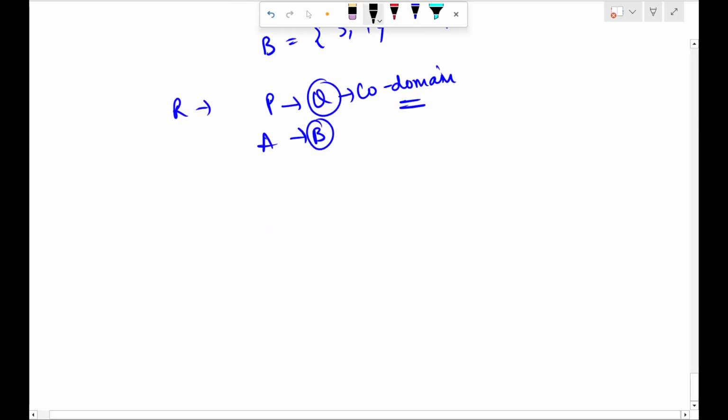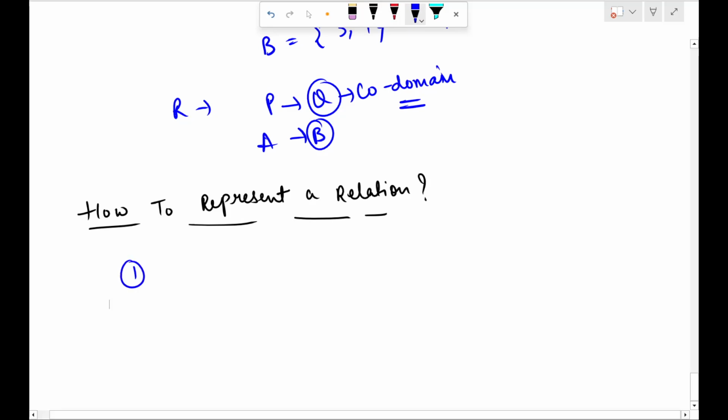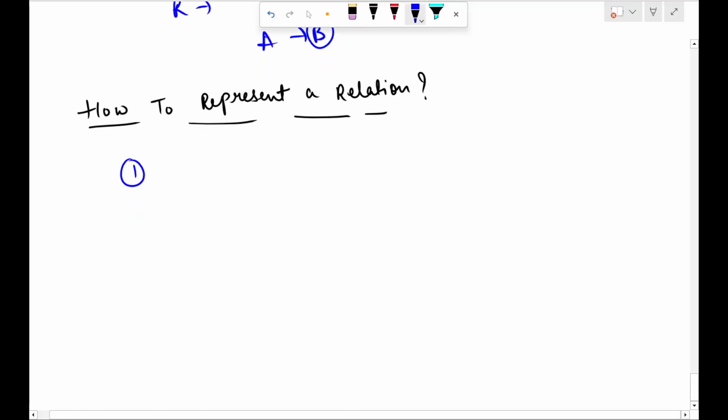Next we have how to represent a relation. First, a relation is represented in roster form or set builder form.